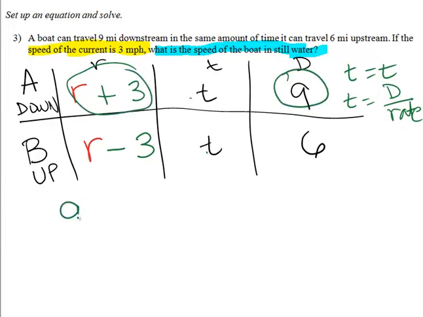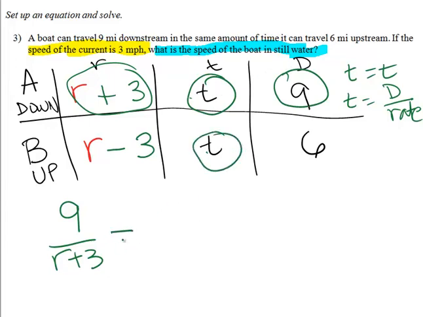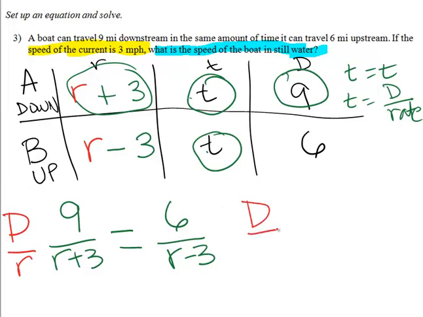So we know that 9 divided by r plus 3 equals time, right? And, oh look, time's still the same. So it equals this one, 6 divided by r minus 3. Because again, this is distance divided by rate, and this is distance divided by rate. They're both time. And that's why I can set them equal to each other.